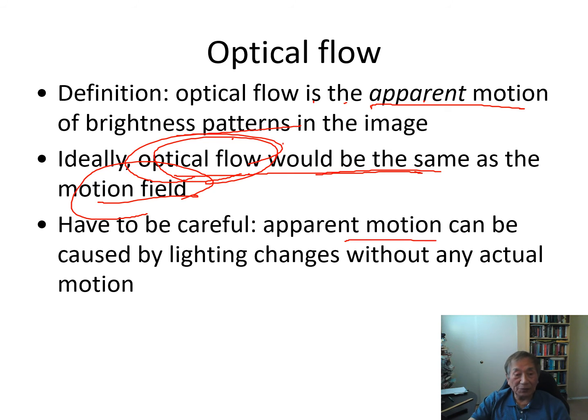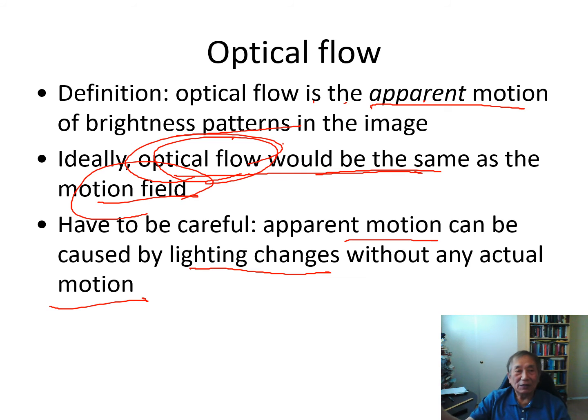So apparent motion can be caused by lighting changes without any actual motion. Sometimes the light changes when farther away, and it looks like fading. The farther away, the dimmer it looks, or the intensity is lower. So when things are moving out, you feel like they get dimmer and dimmer.